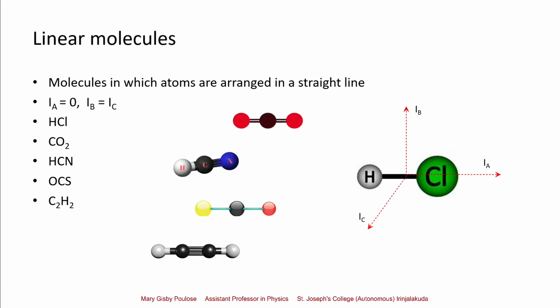It is just rotating along that axis. So since there is no dipole moment change, it will not show a rotational spectrum. But if this molecule is rotating along IB or IC, the hydrogen and chlorine atoms will periodically vary their positions. That will produce a dipole moment change, and that will produce a rotational spectrum.